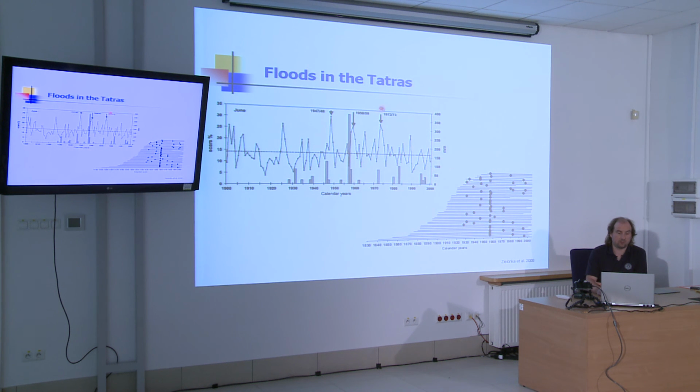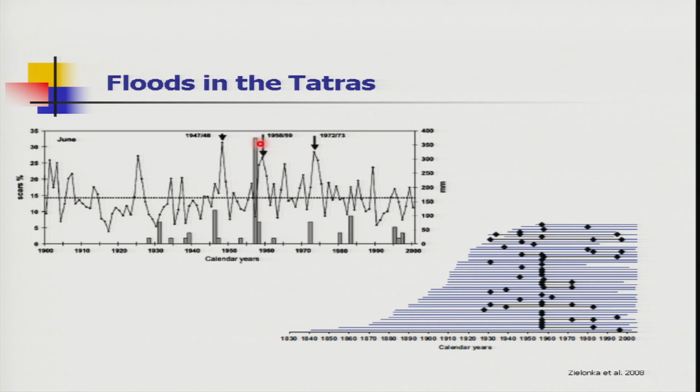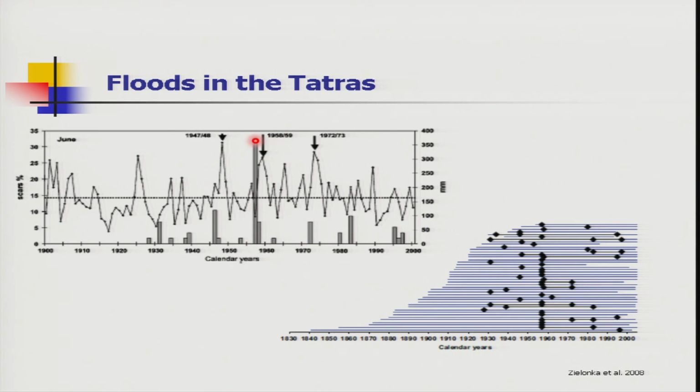And when we compare this fraction of scars with information about the precipitation, we see that in this year there was huge amount of precipitation. And this probably caused a flood that was able to take heavy rocks that injured these trees.